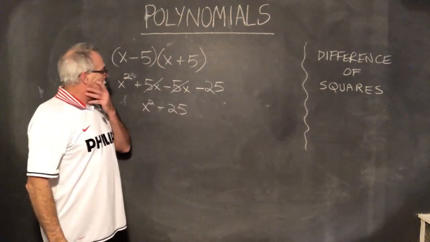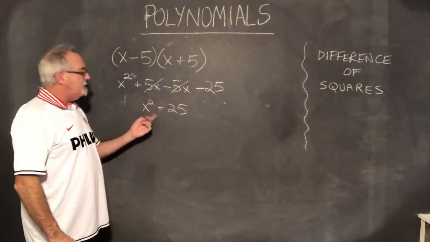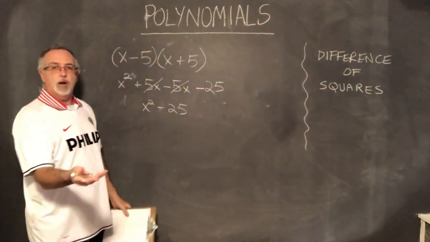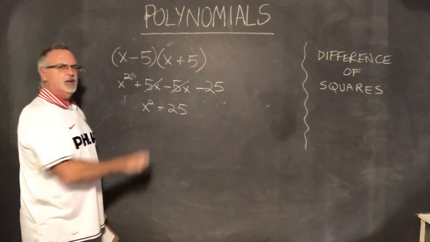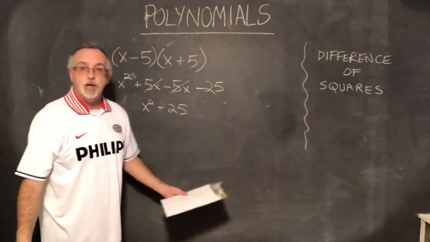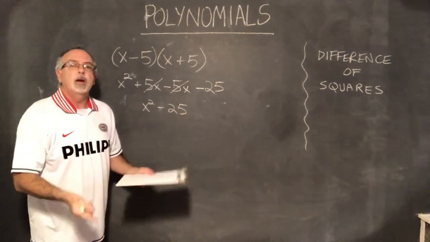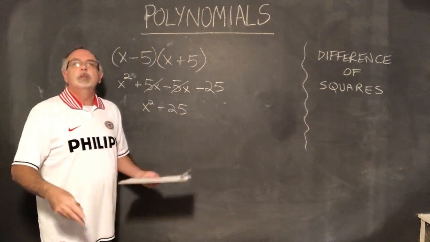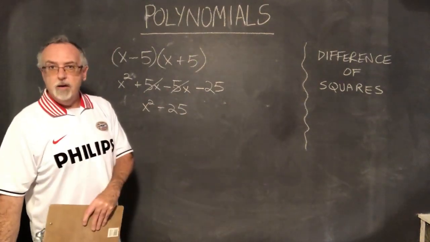What does this remind me of when I look at this cute little binomial? Difference of squares. Difference means subtraction in math. So there's a difference, it's a subtraction. Squares, what is a square in math? Well, we know it's a shape, but it's also a number that you get if you multiply another number by itself. So for instance, 3 times 3 is equal to 9. 9 is the square of 3.